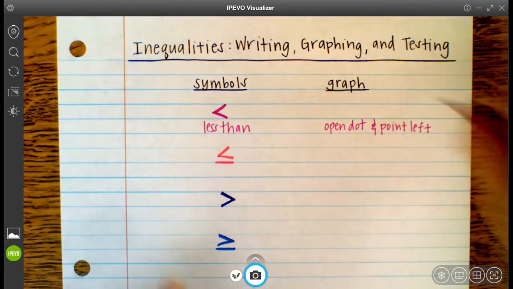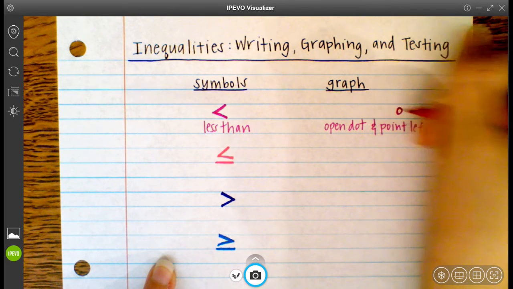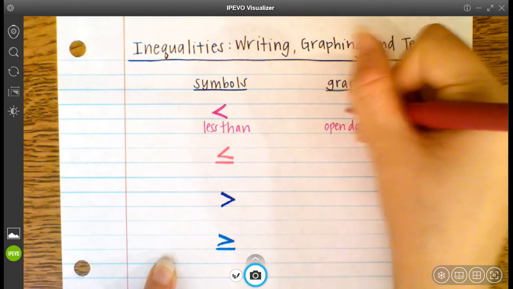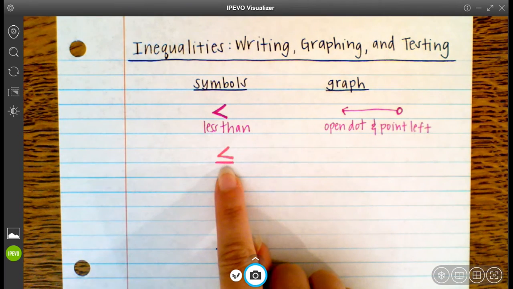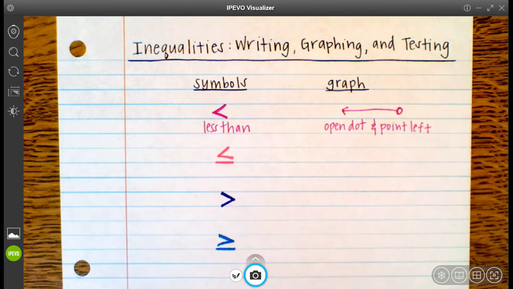So it'll look something like this, an open dot, and you are going to shade or point towards the left side. Now, I'm sorry about my non-straight line there. Don't judge.